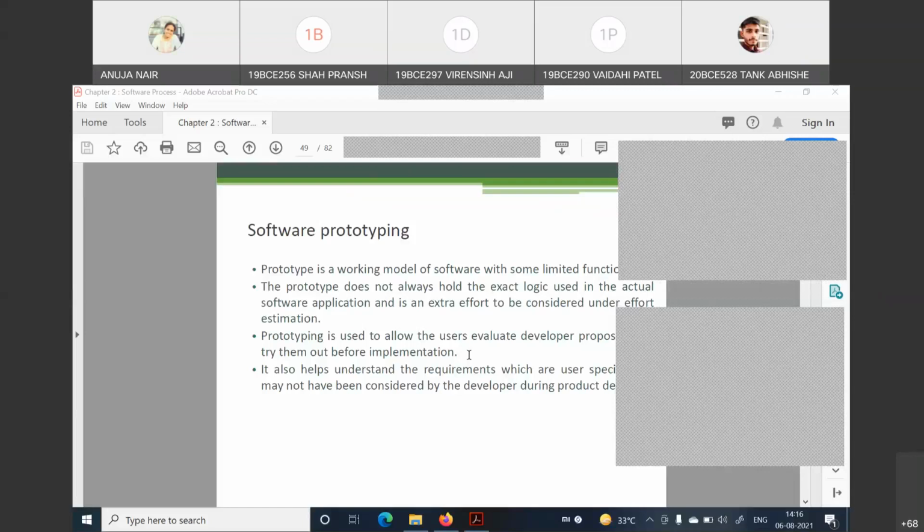Hence it is very costly if some changes happen after the maintenance phase. It is very difficult to incorporate those changes, because you have to again follow the entire sequential process model. So the waterfall model has this disadvantage that the end product is available at the end.